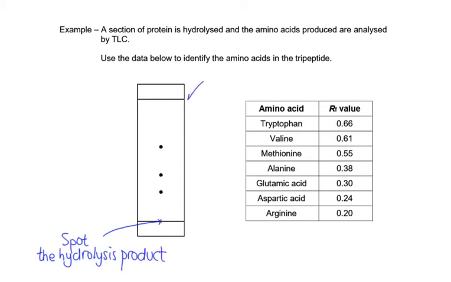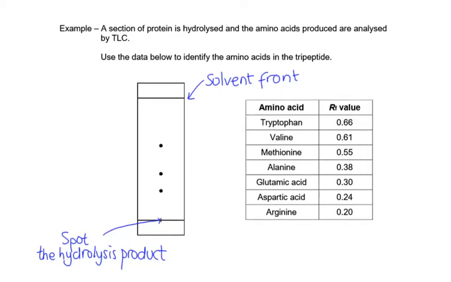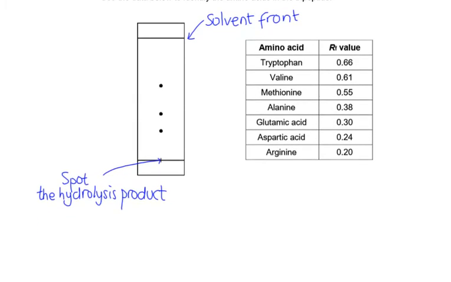This is what's called our solvent front. This is where the solvent ran to. And we've found that we've got 3 spots when we've developed it in ninhydrin. So we've got 3 spots, and we can use the table of data of RF values to calculate or figure out which amino acids were present.